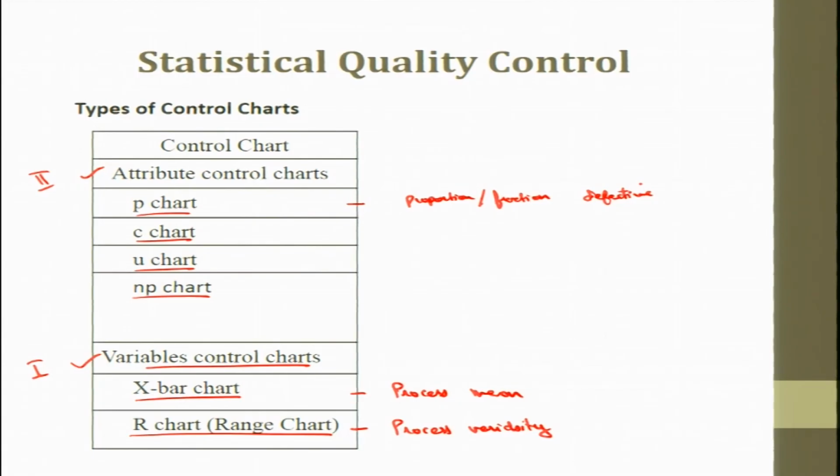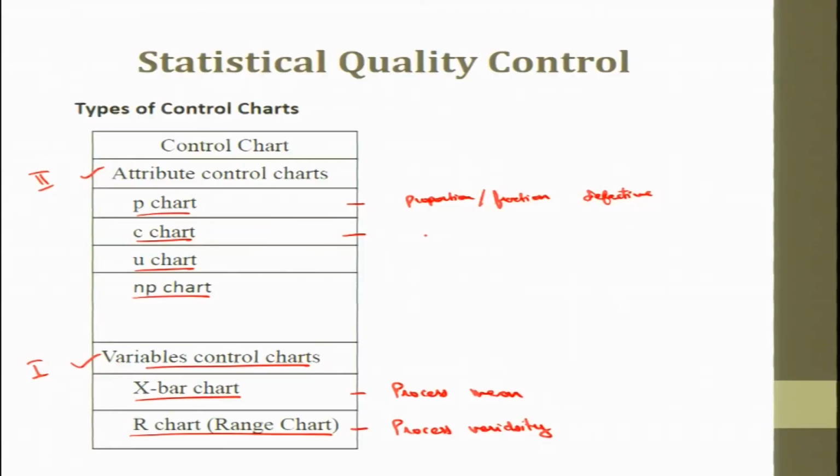For instance, if we are taking certain samples, each sample size could be different. We have seen that in the first sample, 2 pieces are defective out of 10. In the second sample, maybe 3 pieces are defective out of 20. In the first sample, 2 out of 10 would mean 0.2. This is the fraction defective. How we will plot this chart, I will just come to that.